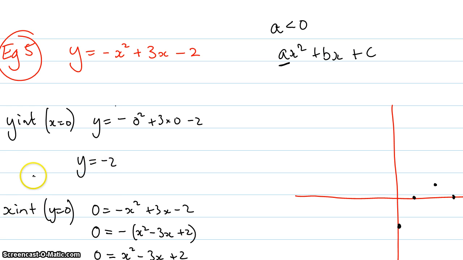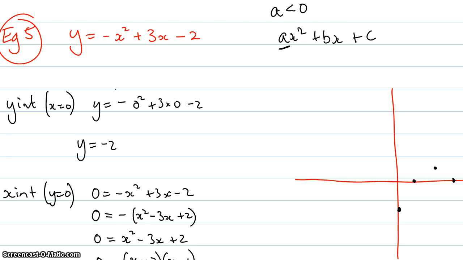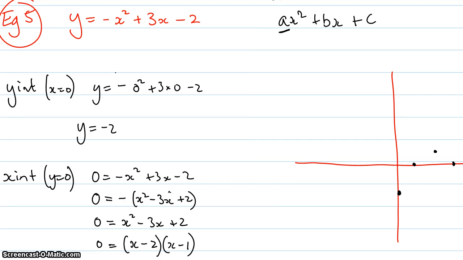My x-intercept's slightly different, or you have to go about it a slightly different way. If y equals 0, that means I can find the x-intercepts from negative x squared plus 3x minus 2. At this point, you don't have to, but this is what I would recommend. I would take the negative out as a common factor, or at least take the negative out of each term. So I get negative bracket x squared minus 3x, that's changed, plus 2, because that's changed as well.